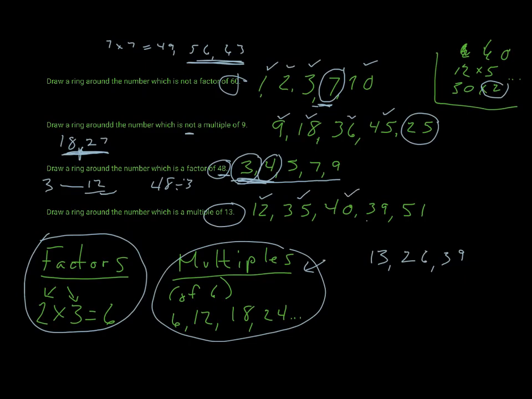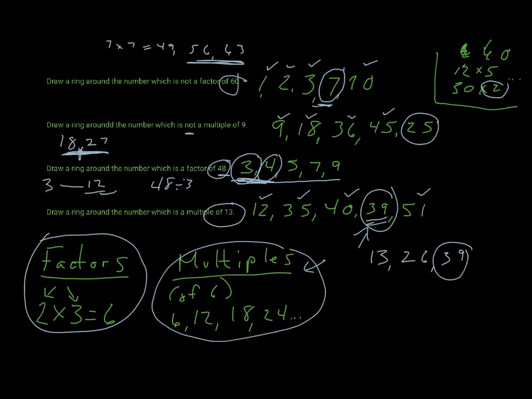This one looks like a possibility because it appeared when I wrote out the 13 times table, so that's the one we're looking for. And 51 does not appear on the 13 times table either, so that one's out. So this is our answer.